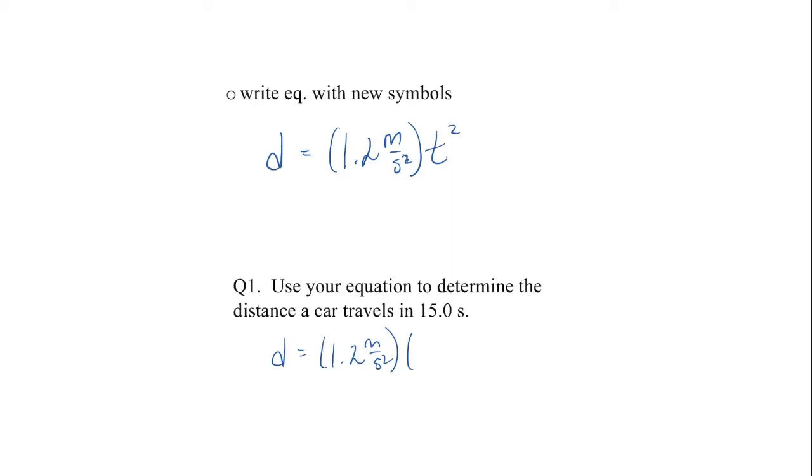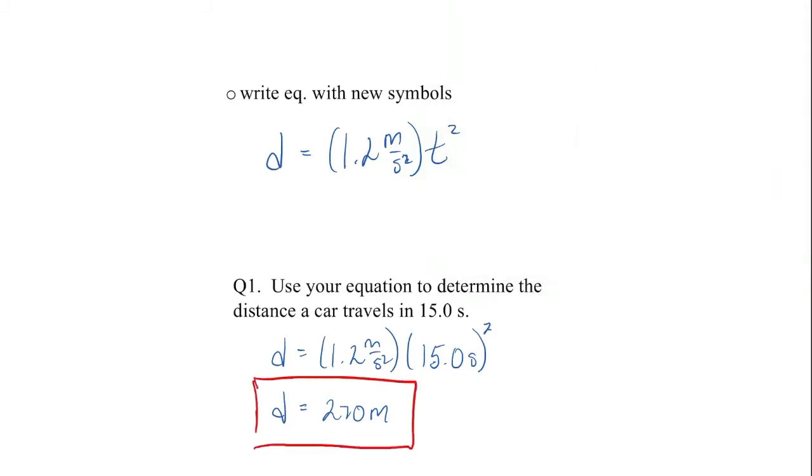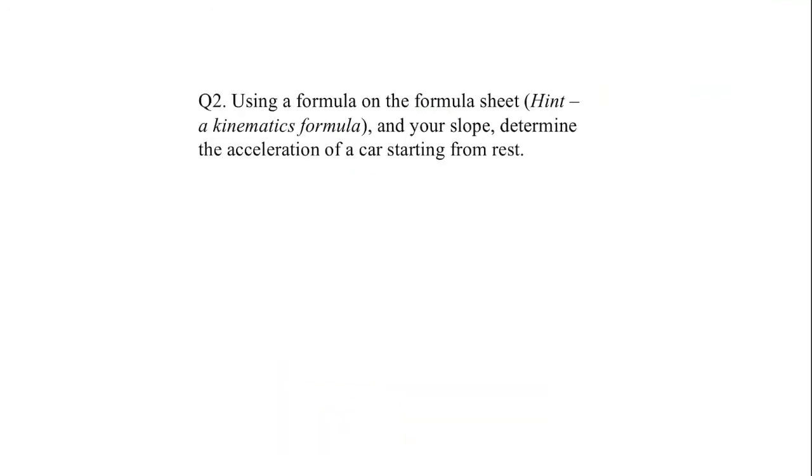So I wasn't worried with squaring that 25 because it already had been. This 15 has not been squared, so I should probably square it, okay? And when I do that, I get 270 meters. So that's nice. That's a whole equation that we came up with just on our own. So if this thing keeps accelerating the way it is, then there we go.